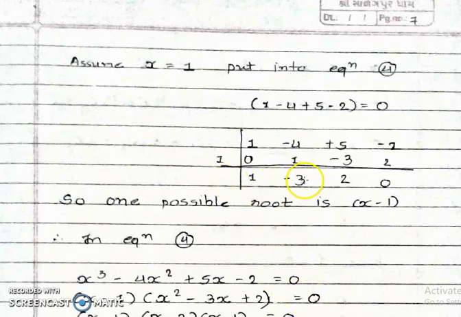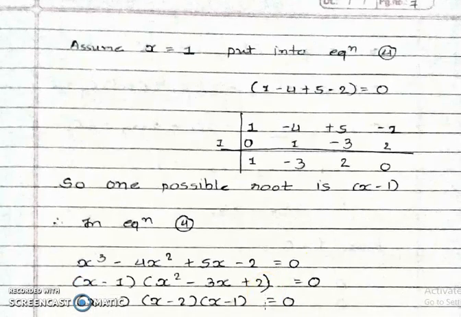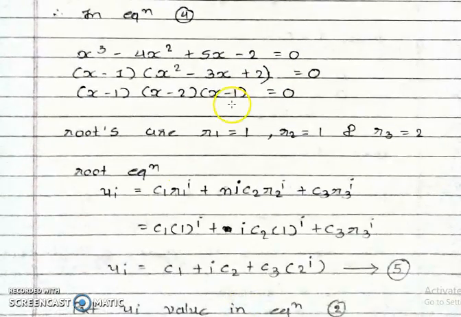Here multiply this number by x squared, x and x raised to 0. So we get this equation. Again solve this equation and we get the two roots, x minus 2 and x minus 1. So here we get the three root values, r1 equal to 1, r2 equal to 1 and r3 equal to 2.